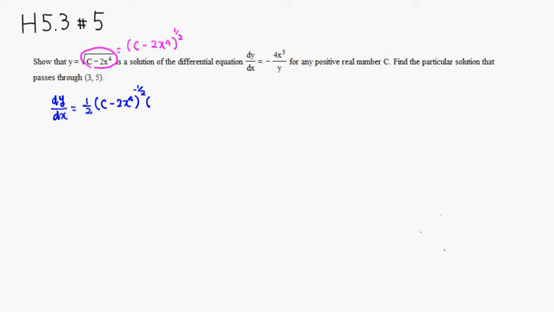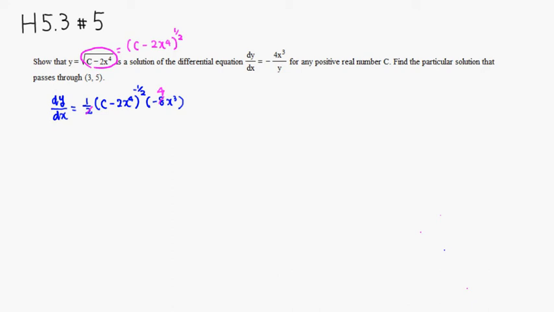So derivative of c is 0 since c is a constant. And derivative of negative 2x to the fourth would be negative 8x cubed. Right? Then we can clean up a little bit. So there's 2 on the bottom and 8 on top. So that's going to give you 4.